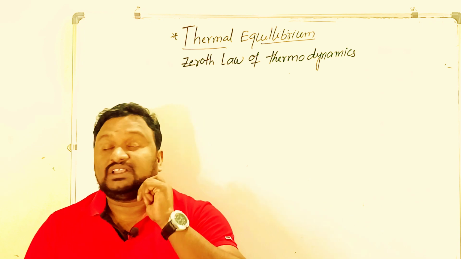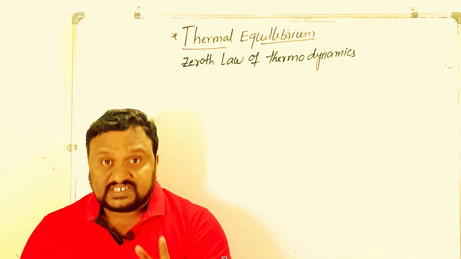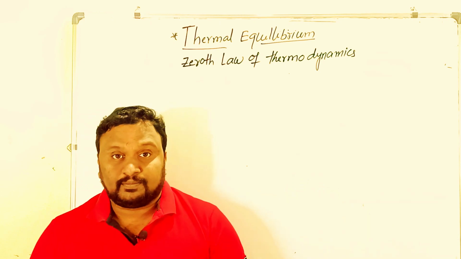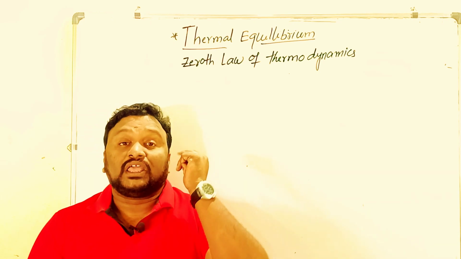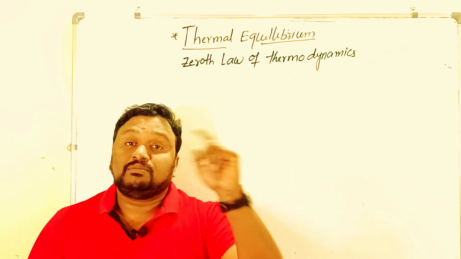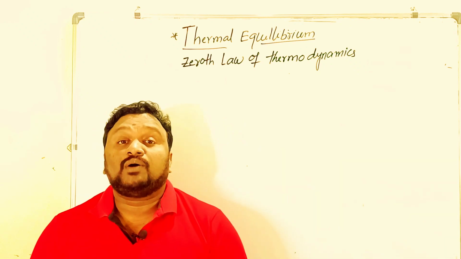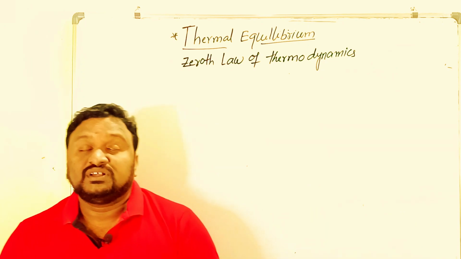Once again, listen carefully. If two bodies are in thermal equilibrium with a third body, then there is no transmission of heat between the first two bodies also, and they must be in thermal equilibrium. Let's see here.